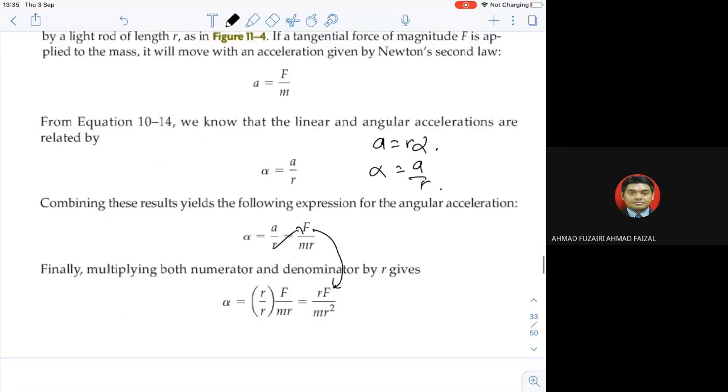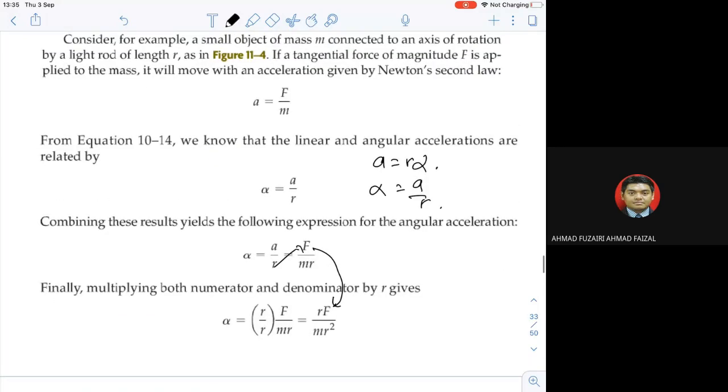Okay, so this is Newton's second law, A equals F over m, and you know that alpha is equivalent to A over R, because acceleration equals R alpha. So just combine this value to the value that we learned. So meaning that we should put alpha, where is alpha?